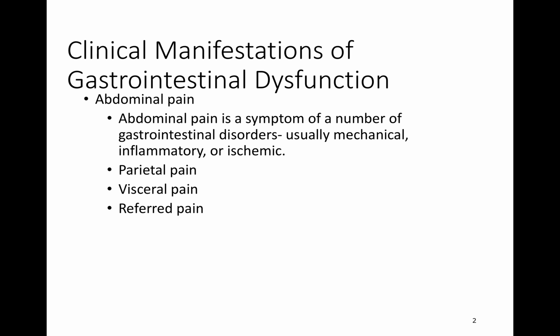In talking about the different pain types, we have parietal pain, visceral, and referred. Parietal pain is more localized and intense than visceral pain. It originates in the peritoneum. Visceral pain arises from a stimulus acting on an abdominal organ, and it can many times radiate to the back area.